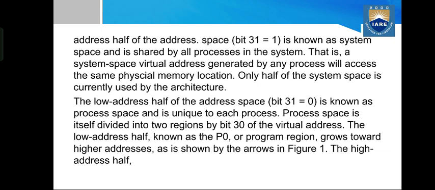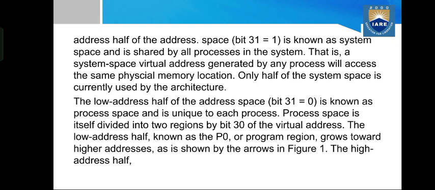The low address half of the address space, where bit 31 is 0, is known as the process space, and it is unique to each process. Process space is itself divided into two regions by bit 30 of the virtual address. The lower address half, known as the P0 or program region, grows towards the higher addresses, as shown by the arrows in Figure 1.